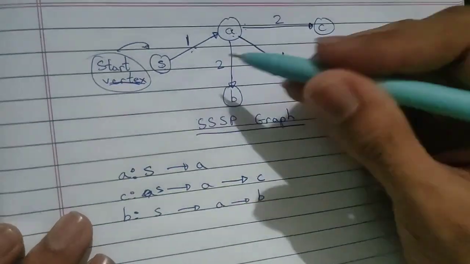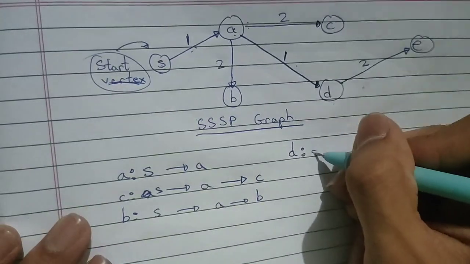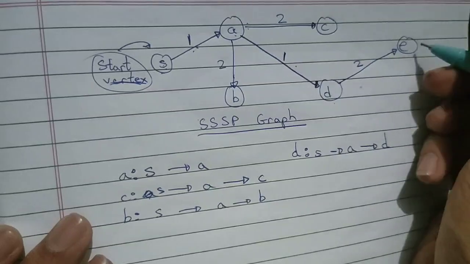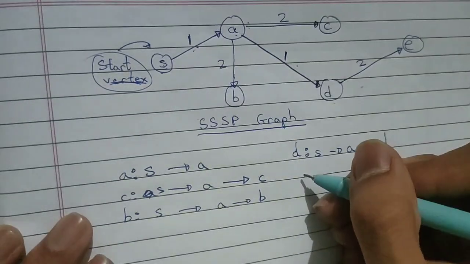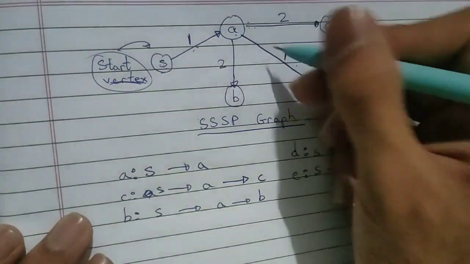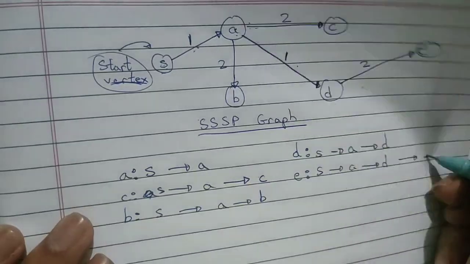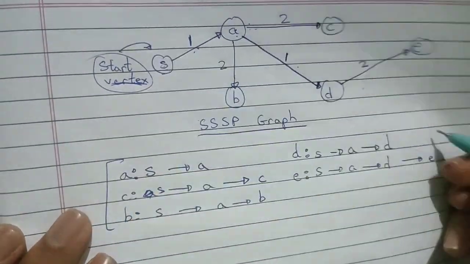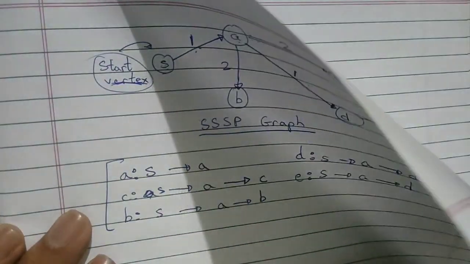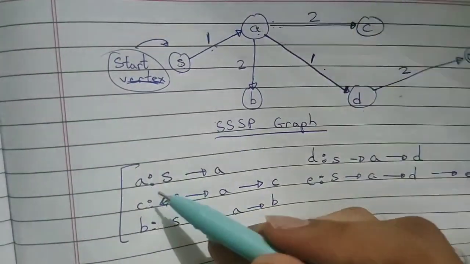As you can show for the remaining also. Let's do that, I guess. So we showed for A, B and C. Let's show for D. For D it would be from S to A and from A to D. Correct. Then for E it would be from S to A and from A to D and from D to E. And this is the start vertex, so before it there is no vertex, so you don't need to write anything.